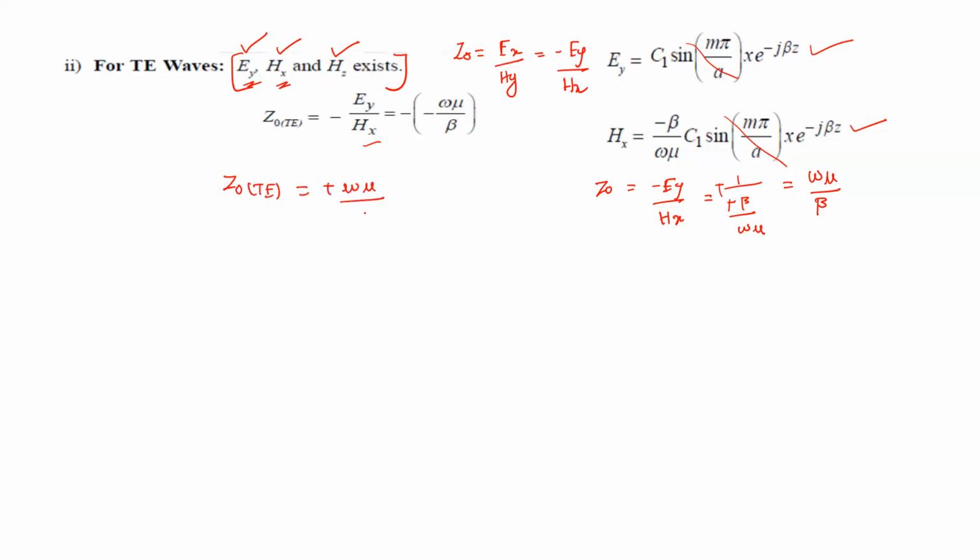omega mu by beta. We know beta is 2 pi root mu epsilon root of f square minus fc square.